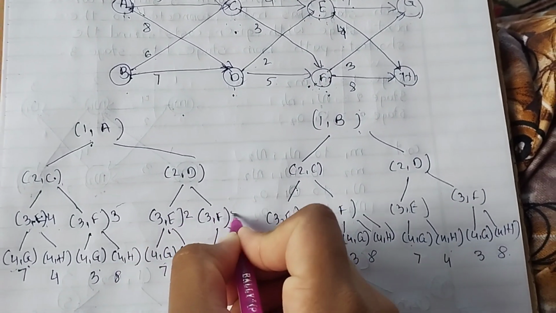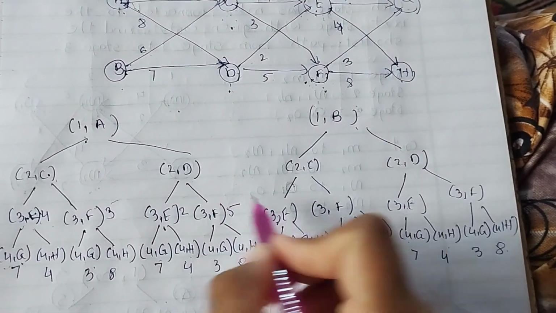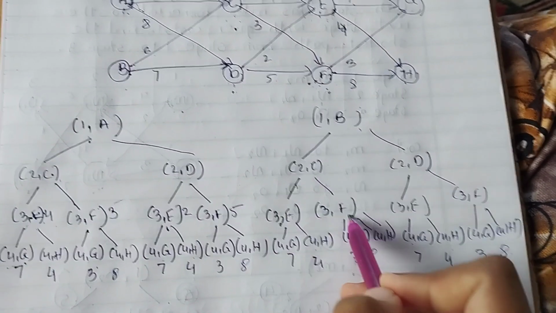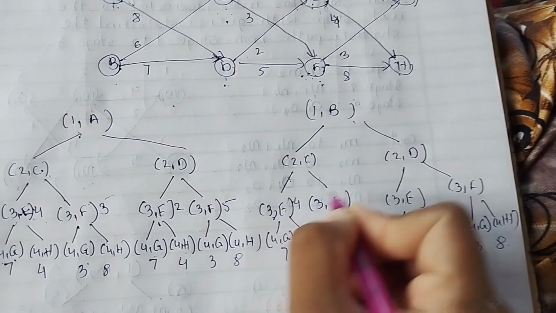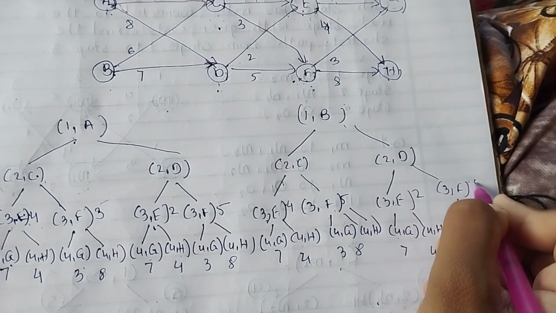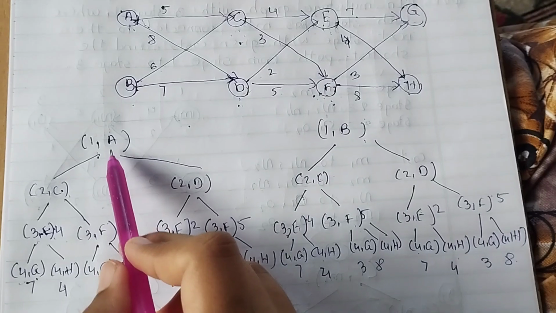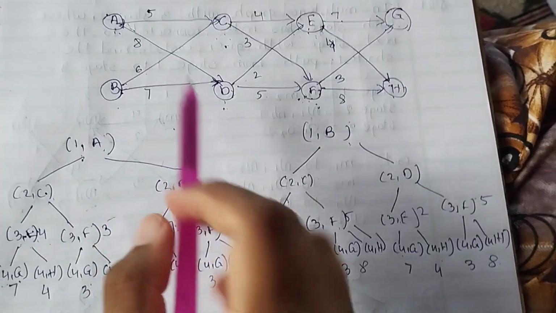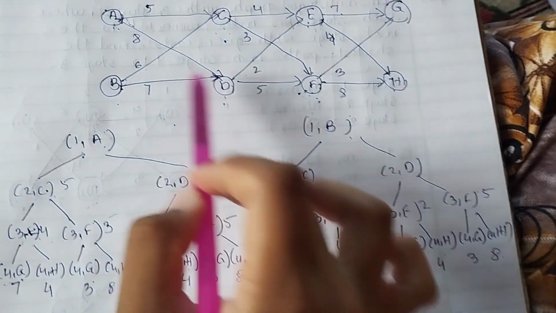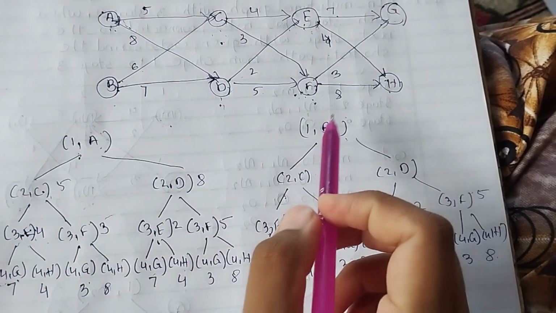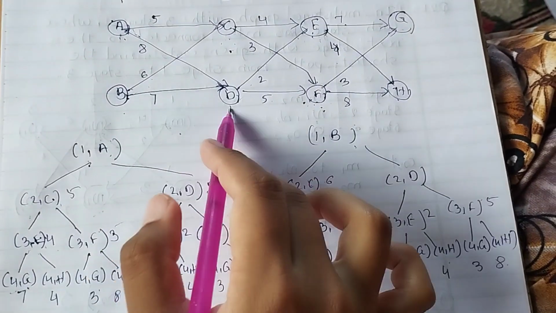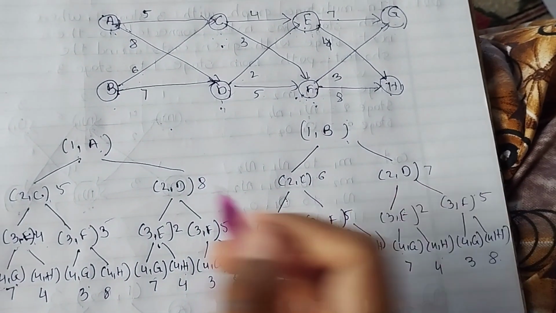So 2 5. Same how transaction we write here, same for here because C to E and C to F we see. So 4 5, and here 2 5. Now we see A to C and A to D. A to C 5, A to D 8, B to C 6, B to D 7.